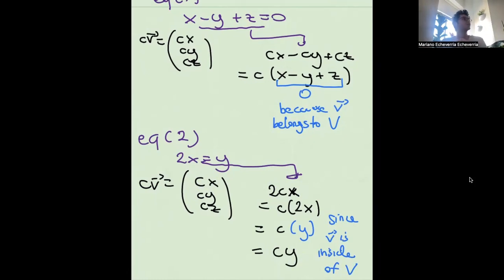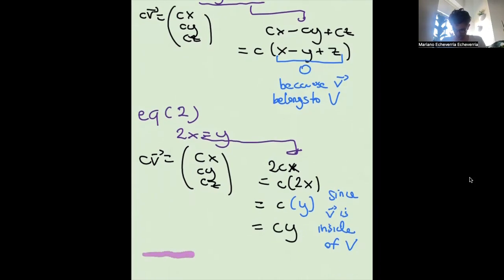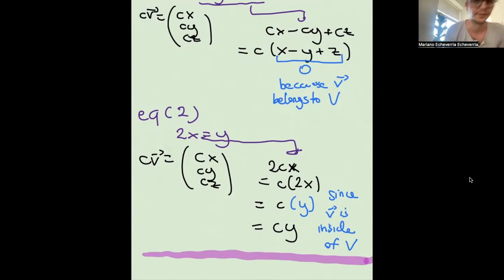Those are the two properties for the vector space, which is what we needed to check. Is that making sense? In general, proofs of checking that something is a vector space always look the same as what we just did. They're a bit tedious, but they always have the same structure.